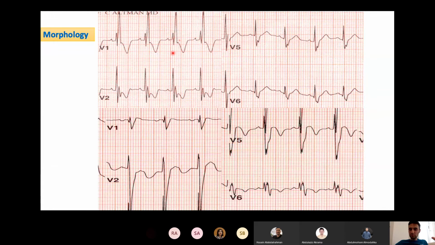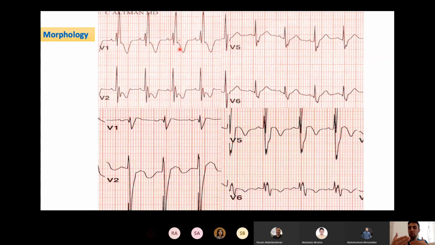Your right ventricle is activated inefficiently because you don't have a normal right bundle, so you will get a delayed, wide, big terminal R wave. So you'll get R, S, and R prime in V1.